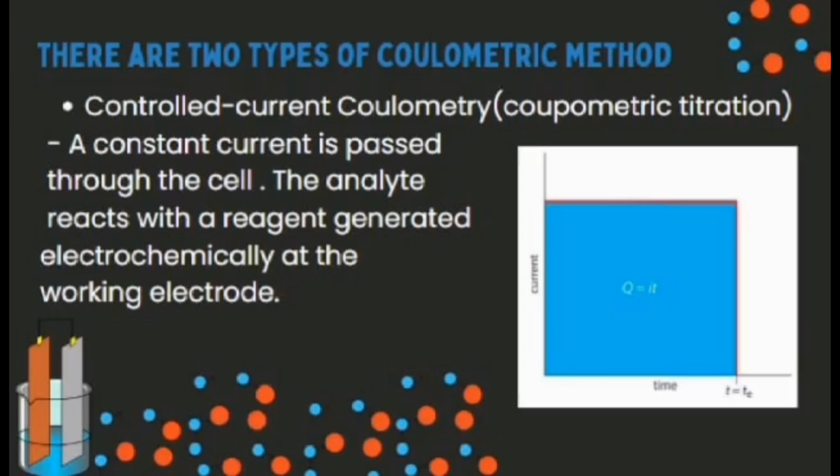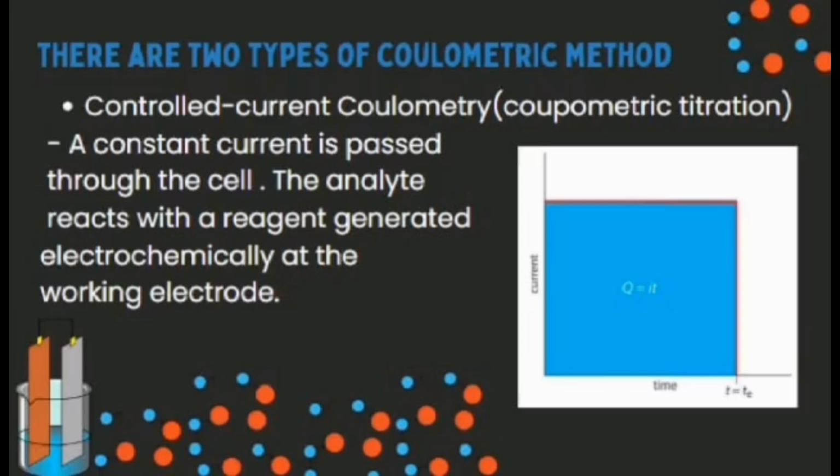Imagine a scenario where we apply a constant electrical current to an electrochemical cell containing our analyte. The current flows until the analyte is completely consumed in a redox reaction. We carefully measure the time it takes for this complete reaction.